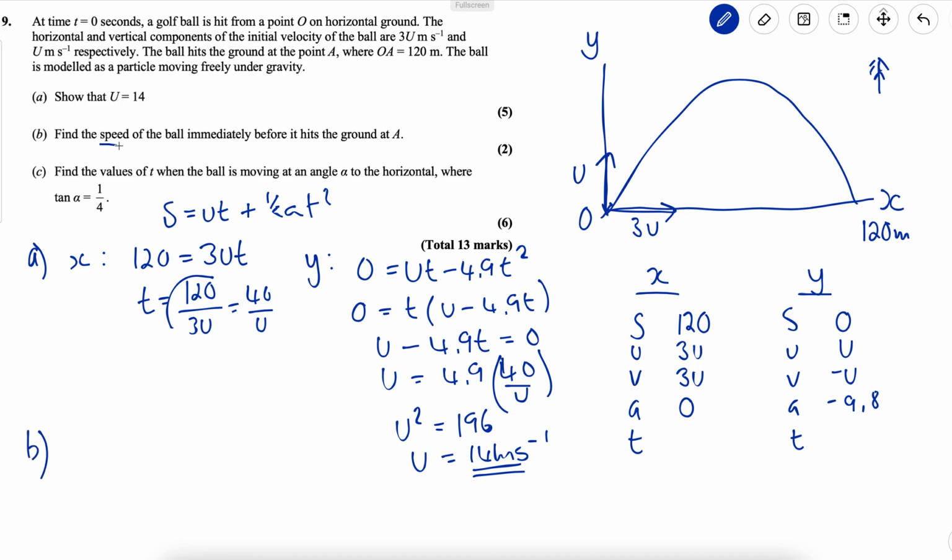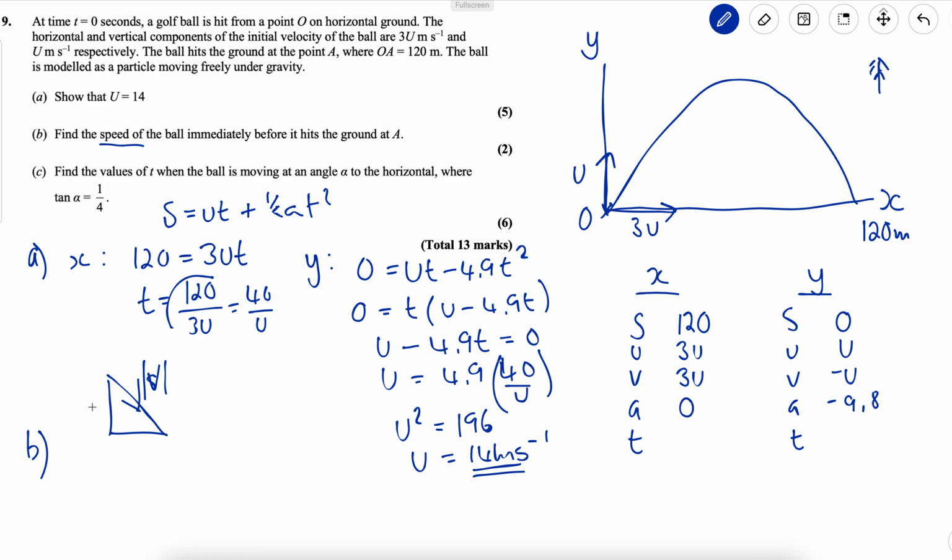For part B, find the speed of the ball immediately before it hits the ground at A, so that's here. To find the speed of the ball, I need the vectors in the two different directions, y and x. If I make a little triangle for that, to find the speed I need the magnitude of this vector, magnitude of v, and I find that by using Pythagoras, using the vertical and horizontal components.